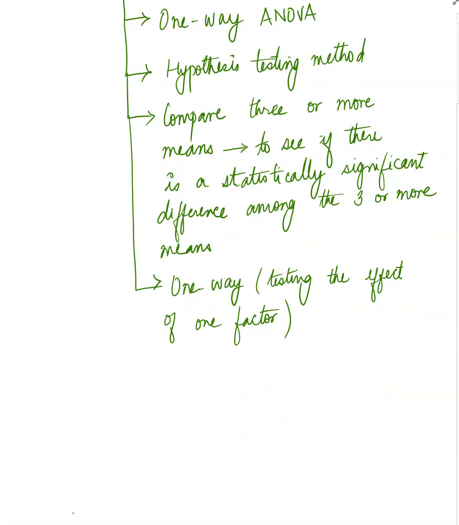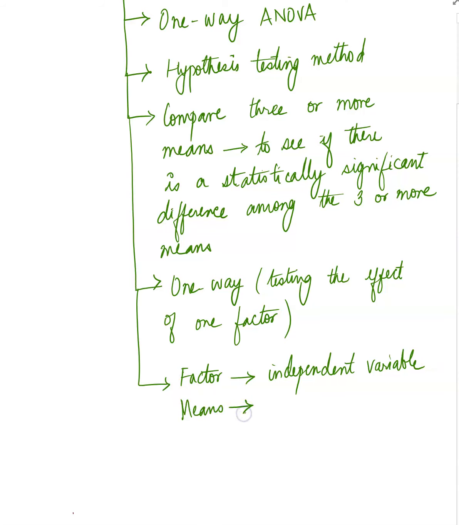In particular, it's an independent variable. And the means that you're finding, those would become our dependent variables. So there is one independent variable for a one-way ANOVA, and the means become dependent variables.